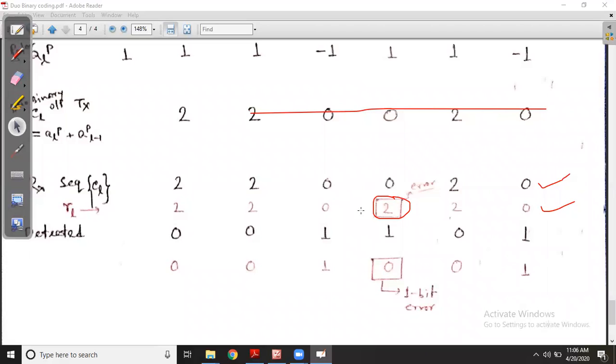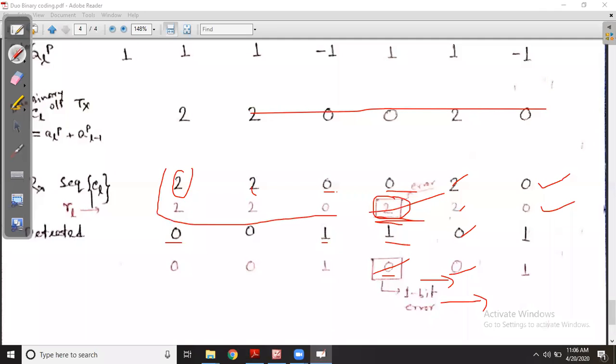Just follow the detection rule of this differential encoding: if 2 is there, then 0 was transmitted, the detector will consider. If 0 was there in the voltage level, then 1 was transmitted. For 0, this is 1. For 2, the wrong bit, error bit, this is 0. Again for 2, this is 0. So there is no error propagation. Error is introduced in this bit and it is only here. It is not propagating.